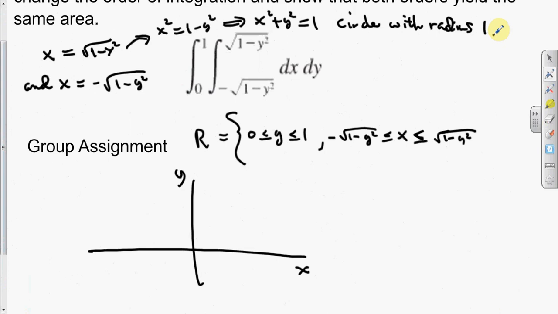It's the top part of the circle. Let's see. It says x is going from negative the square root of 1 minus y squared. That's this guy. It's really what's happening down here too.